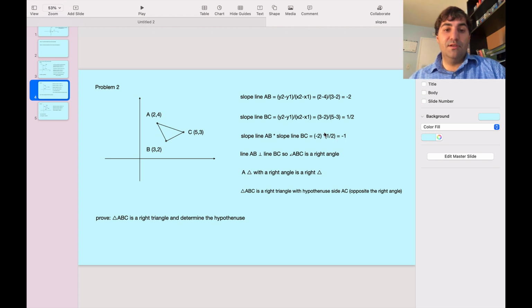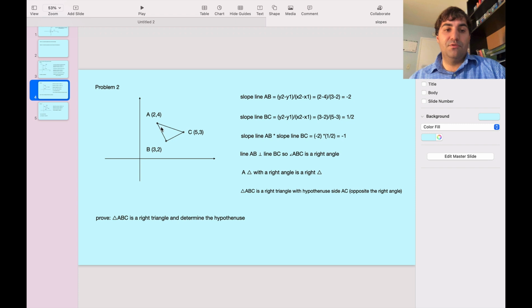So in other words, we know that line AB is going to be perpendicular to line BC. So angle ABC is a right angle because perpendicular lines meet at right angles, right? And we know that a triangle with a right angle is a right triangle.